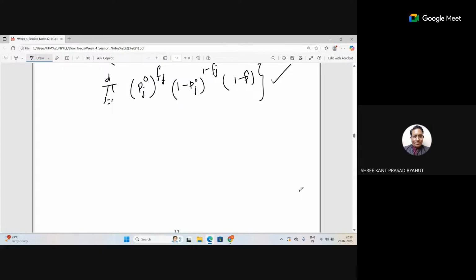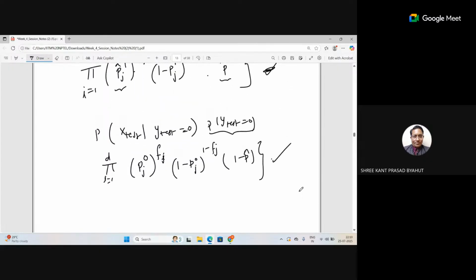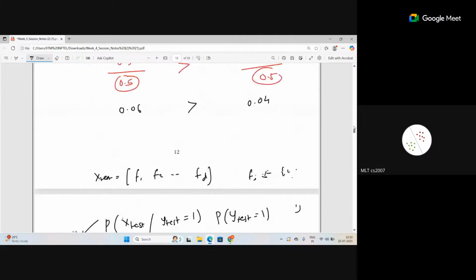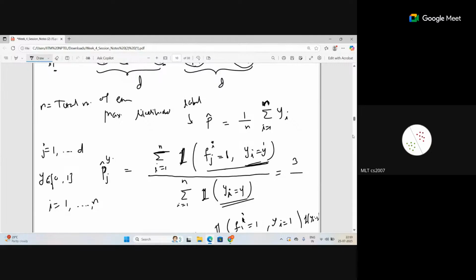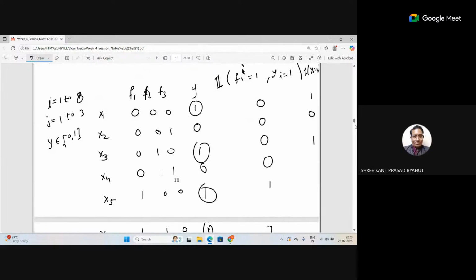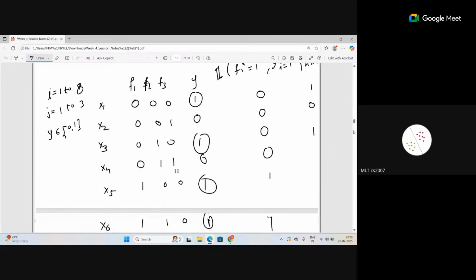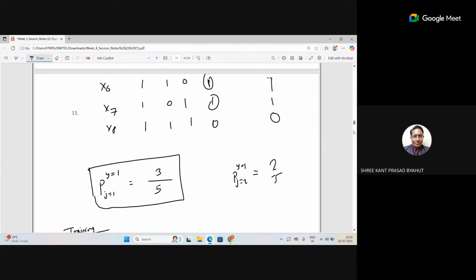We have seen one example. Two or three data points will be given. Same type of questions, and in such questions it will be easier to calculate by the table method. We calculated 3 by 5.